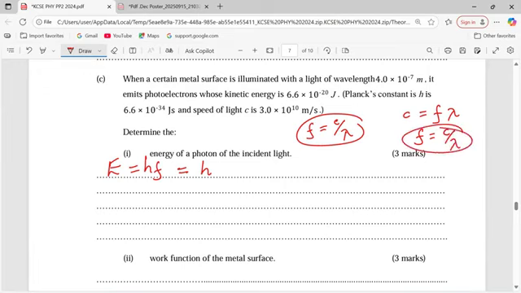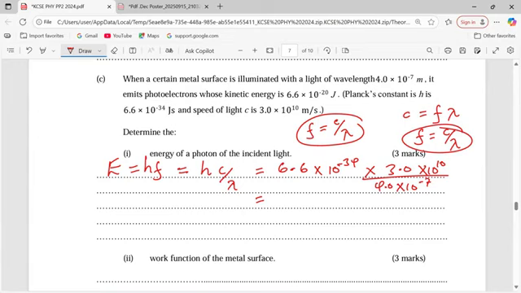So we can write Planck's constant times c over lambda. So Planck's constant times 3.0 times 10 to the power 10, over 4.0 times 10 to the power of negative 7.